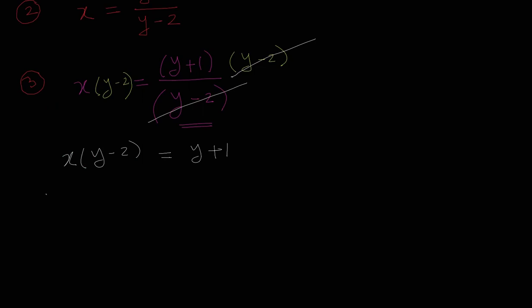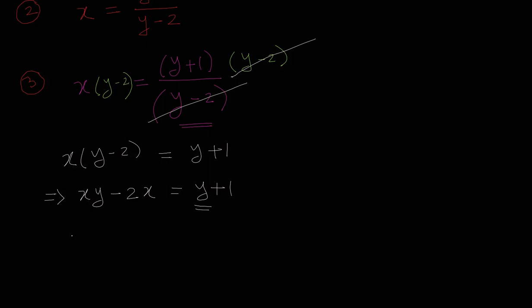So let's simplify. What I have here is xy minus 2x equals y plus 1. Remember, I need to solve for y. So I am going to group together all the y terms on the left hand side and all the rest on the right hand side.